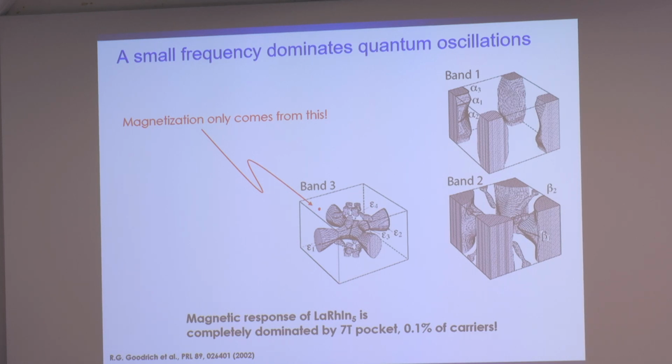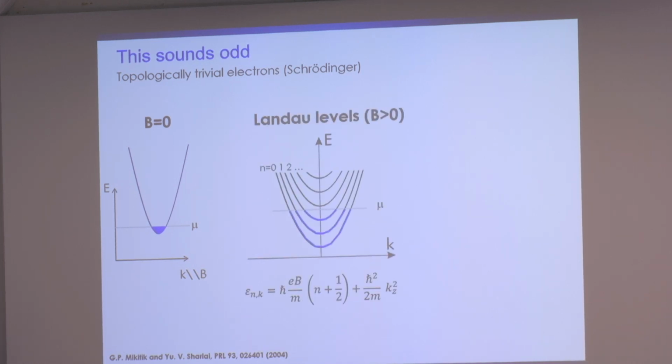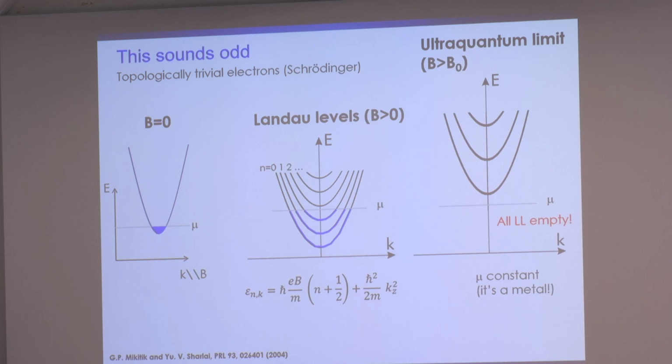It's very strange, right? It sounds not just strange, it's almost outright impossible. Imagine that you have a tiny pocket. Think about your doped semiconductor of choice, silicon with a little bit of phosphorus in it. You'll have somewhat of a parabola, barely filled because of the tiny pocket. You apply a magnetic field, and you Landau quantize this problem. This gives you a harmonic oscillator, as Dima has very nicely shown us. Now, as you increase the magnetic field, the levels move up, so the energy depends linearly on the magnetic field.